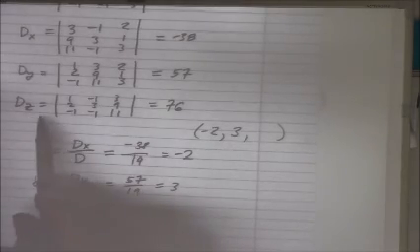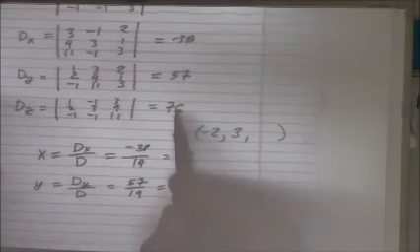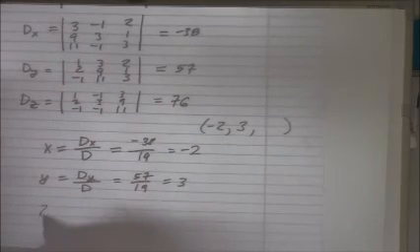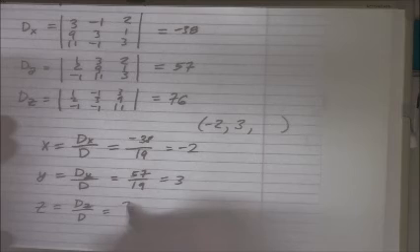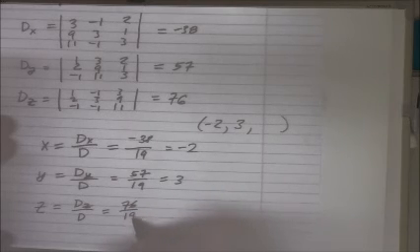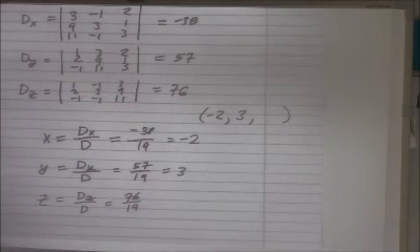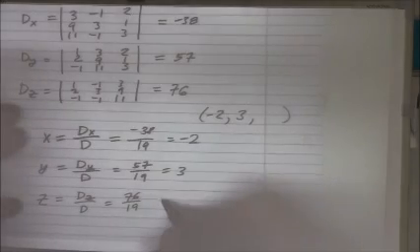Here for dz, this determinant becomes 76. So to figure out z, dz over d, that's 76 over 19. And 76 divided by 19 is the number 4.